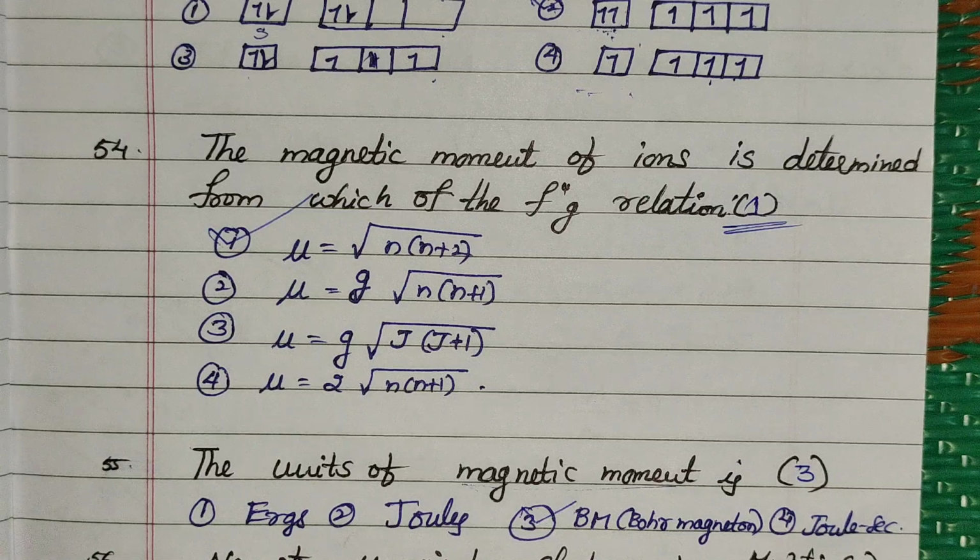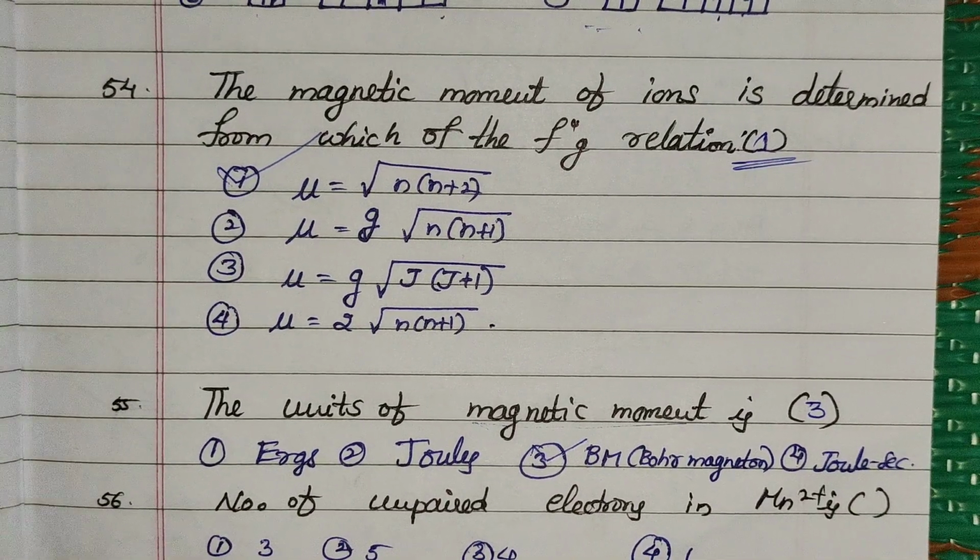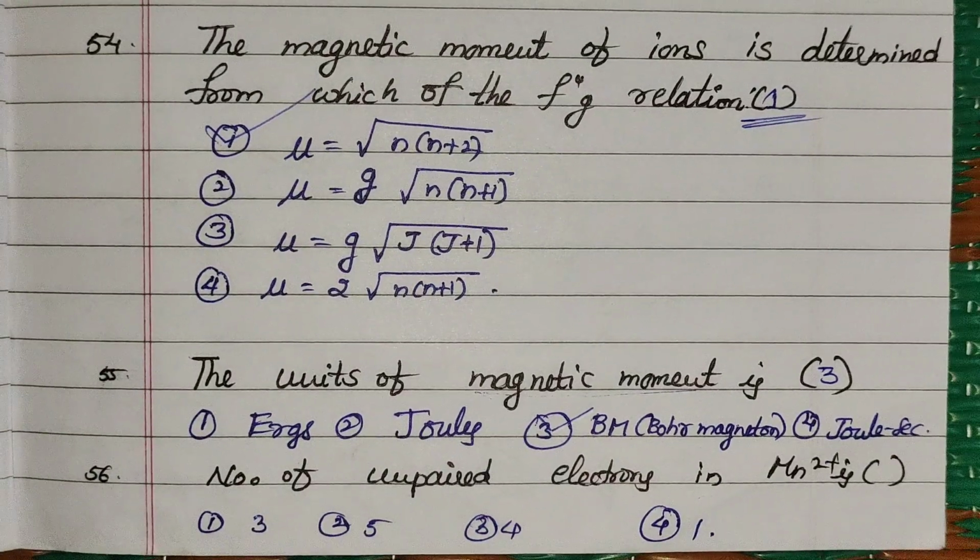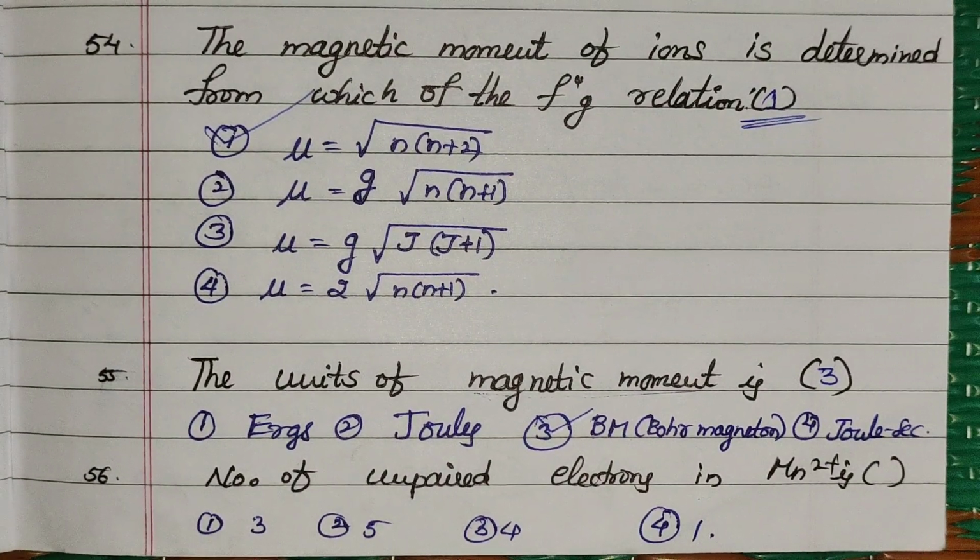Next, another simple question: the number of unpaired electrons in Mn2+. For the manganese 2+ ion, first we have to write the electronic configuration.